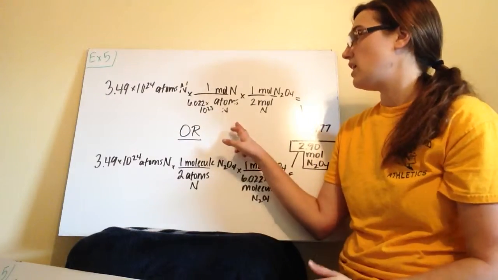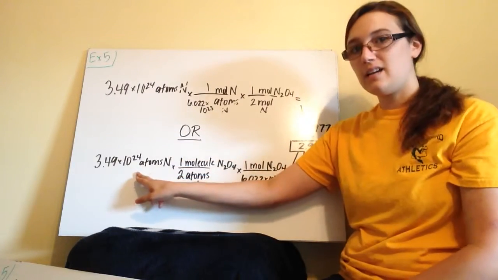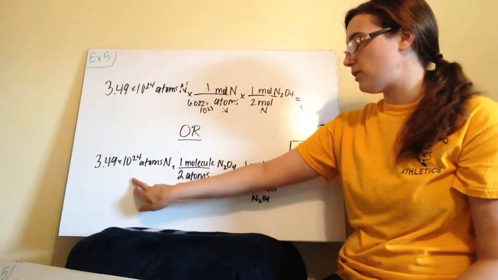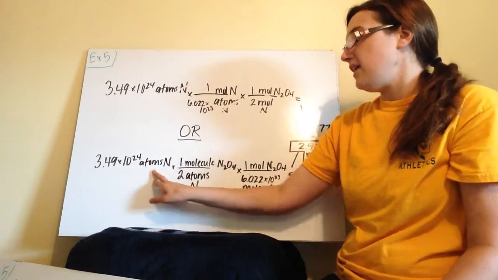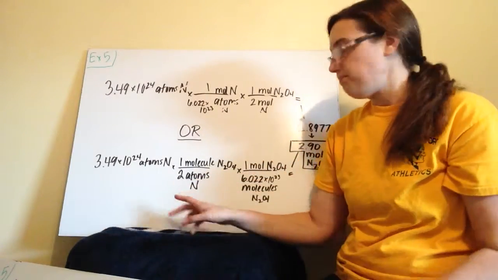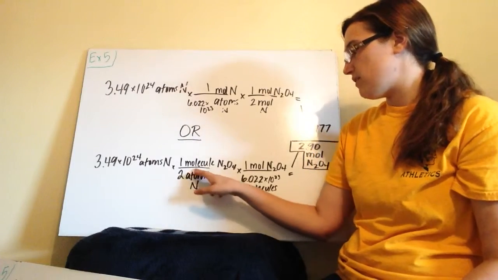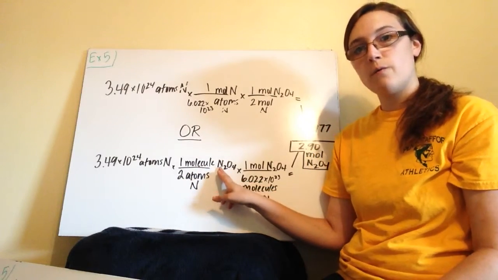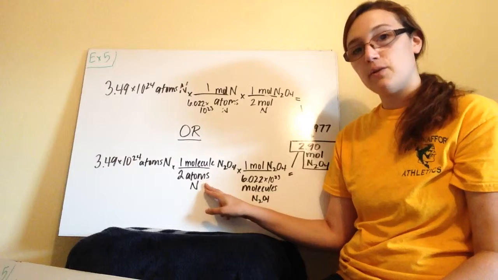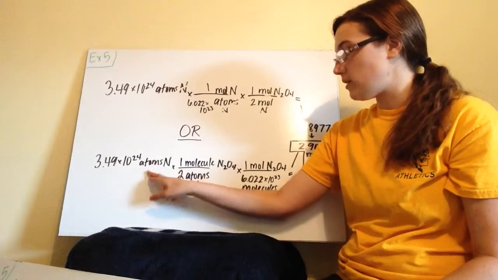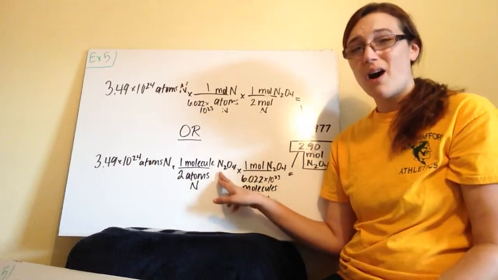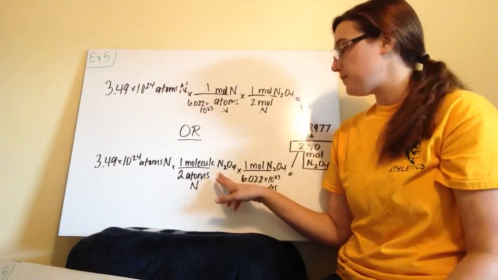Or, in the second way that you could do it, you start with your given, and then instead of going to moles right away, you could say, well, if I have 1 molecule of N2O4, I have 2 atoms of N. So I go from atoms of N to molecules of N2O4.